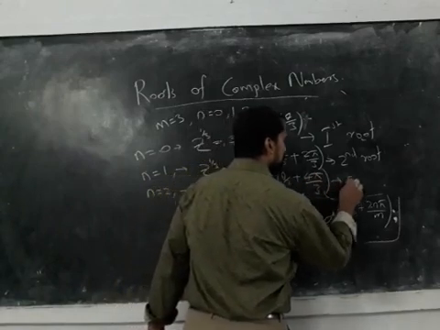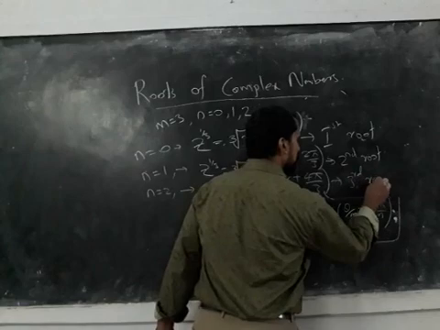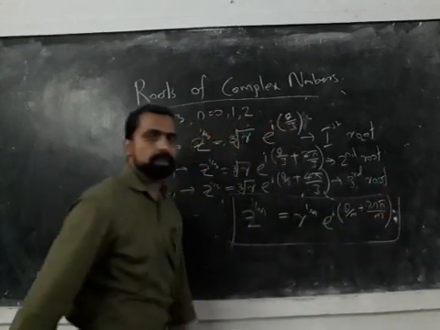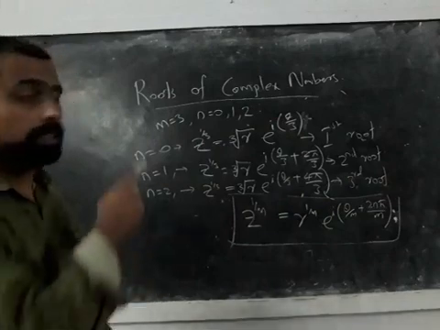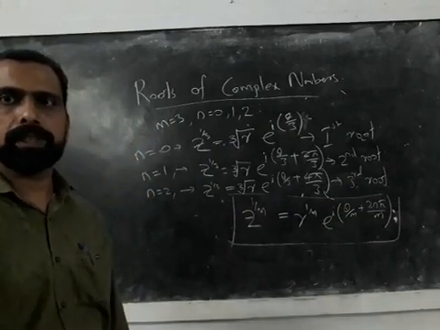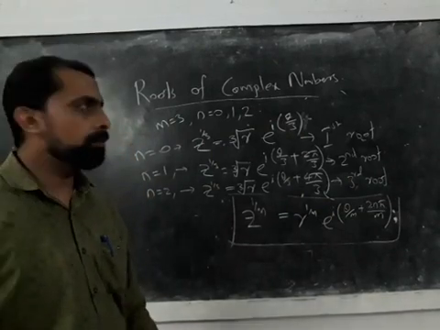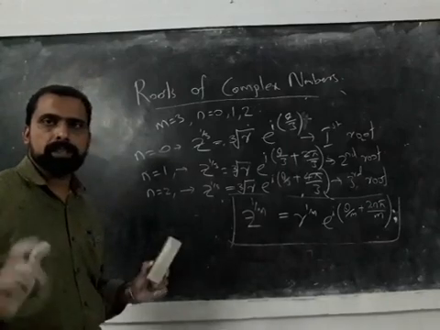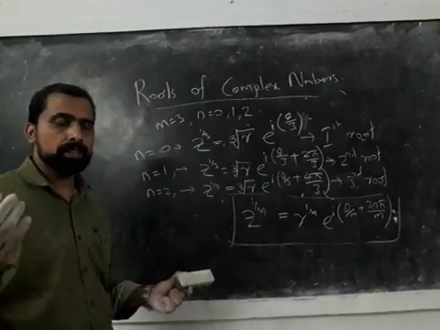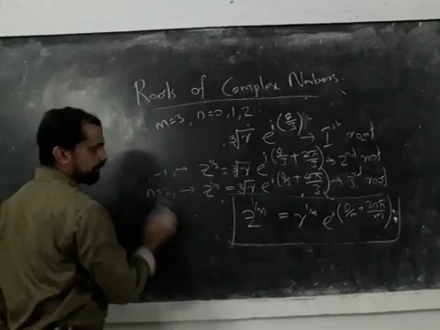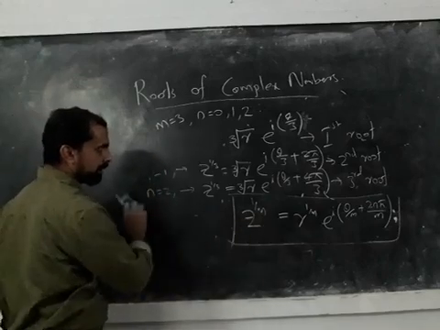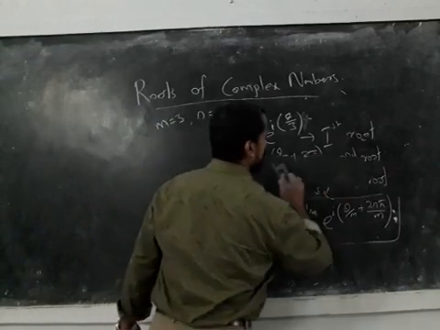So this is the third root. You understand? This is the way to get the roots of a complex number. Now we will go through 1 or 2 examples, and the remaining examples you have to do yourself. Just keep this as a reference here.